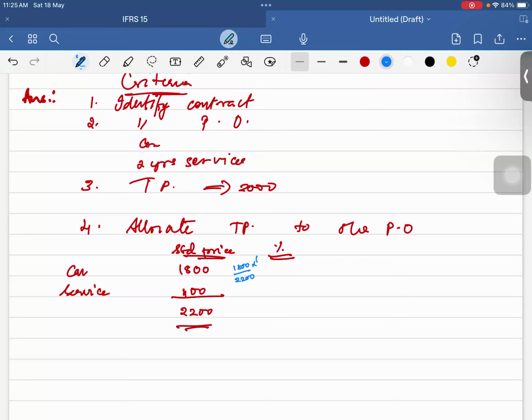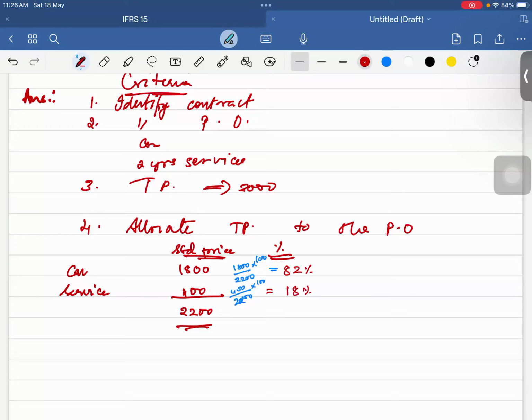So here you would get 82 percent, right? So 82 percent is the price share from the total revenue. If you take 82 percent, it belongs to the car, and the remaining 18 percent belongs to service.